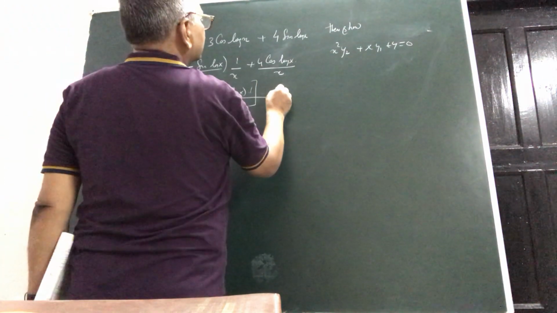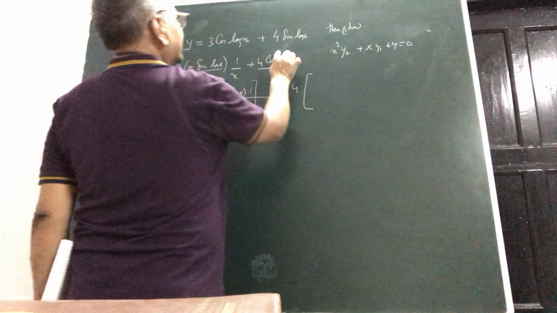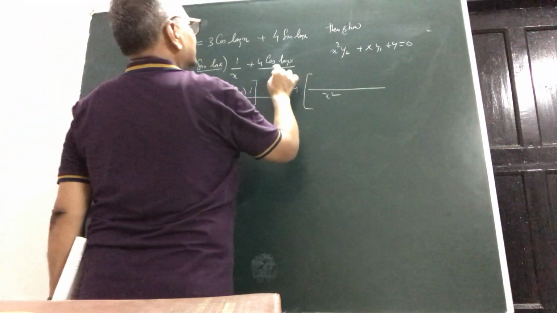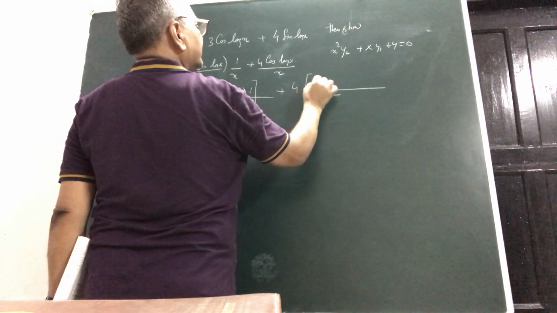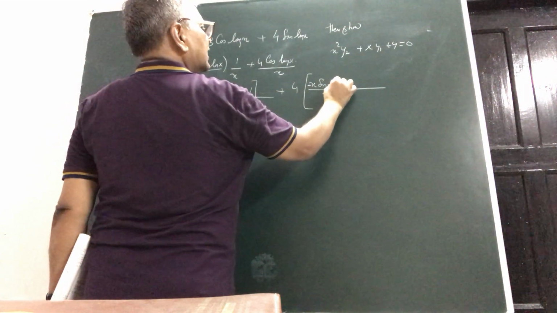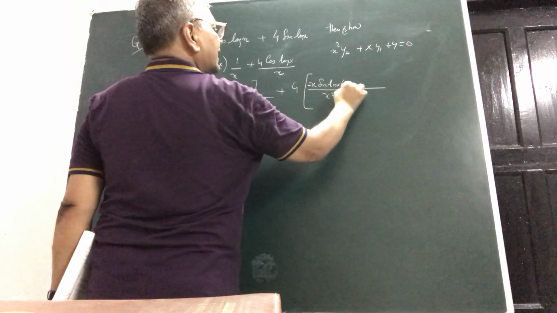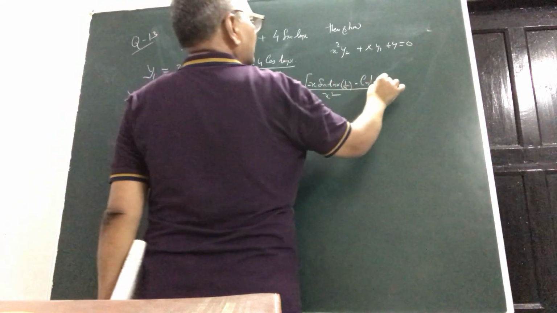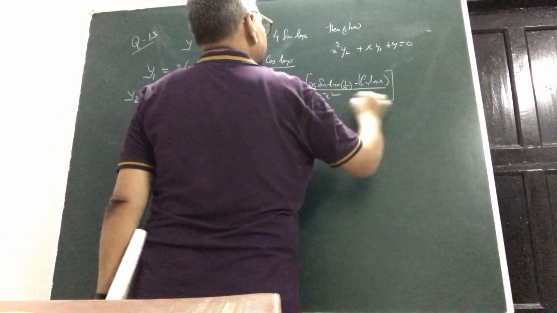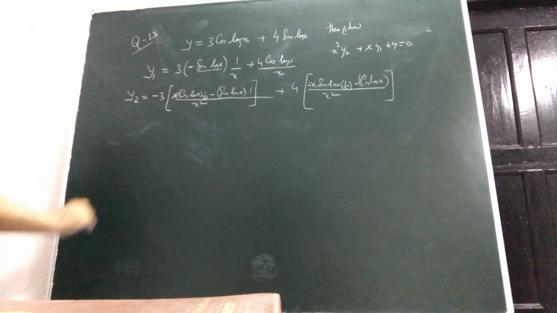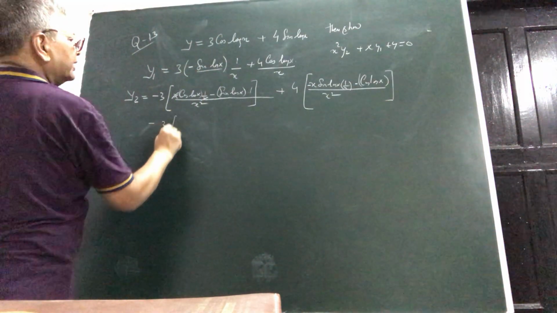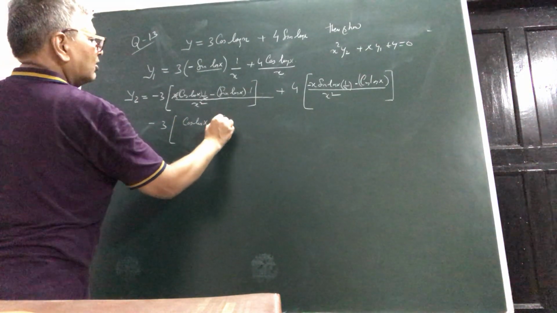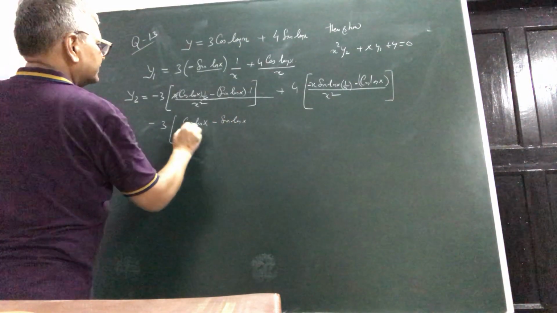And then likewise here, 4 you can take common, and it is the derivative of cos log x upon x. So again, apply the quotient rule: x square in the denominator, and denominator into derivative of numerator, that is sin log x into 1 by x, minus cos log x and the derivative of denominator, that is 1. So the whole thing is like this. Now you can simplify it. What you are getting is minus 3 times cos log x minus sin log x upon x square.